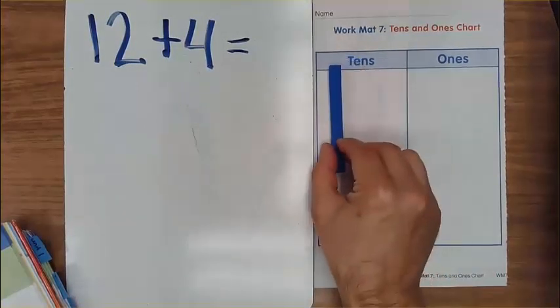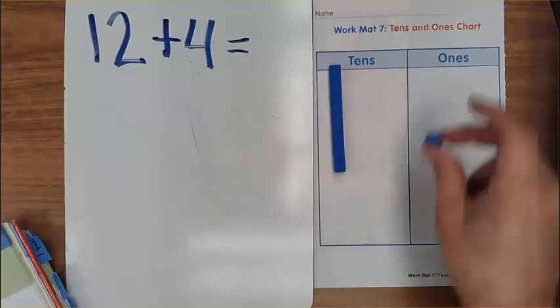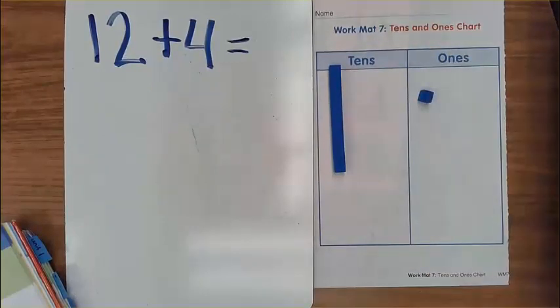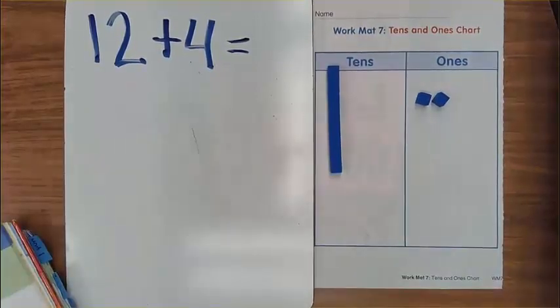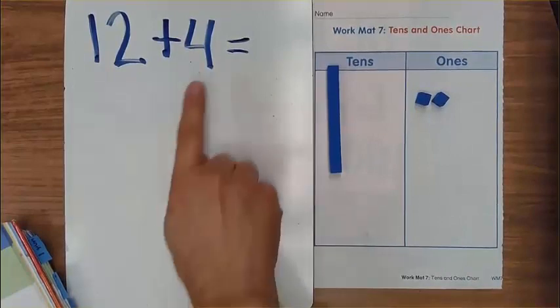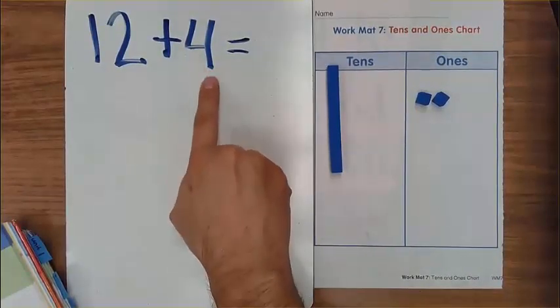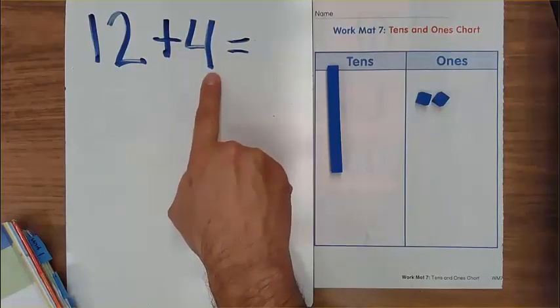So 12 has 1 ten and 2 ones. So I'm going to put that there. That is 12. Now I want to add 4. So this 4, does that mean 4 tens or 4 ones?